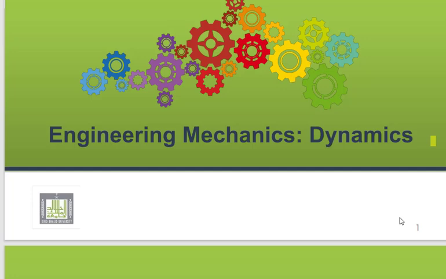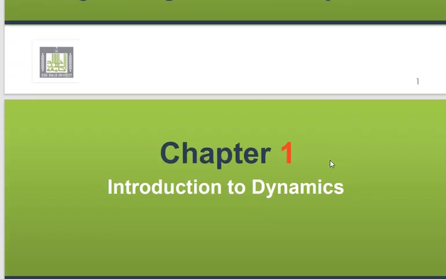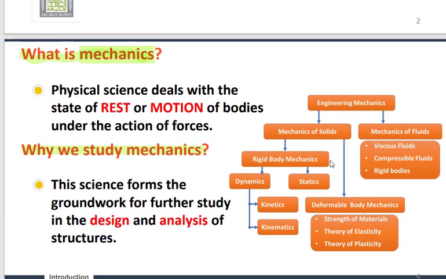Now, what do you mean by dynamics? This is a big question you will be having in your minds, right? Before you understand what dynamics is, you should know what mechanics is. Mechanics is a physical science which deals with the state of rest and motion. Why am I saying state of rest and motion?